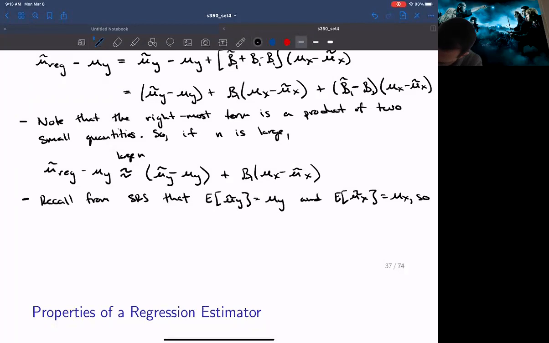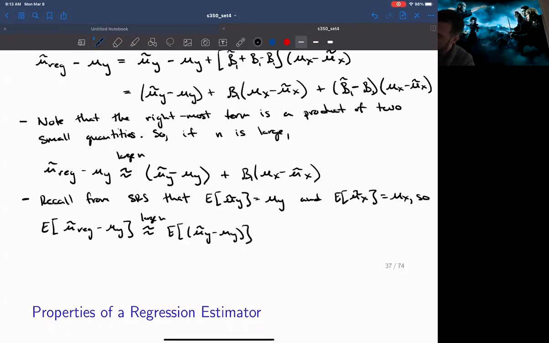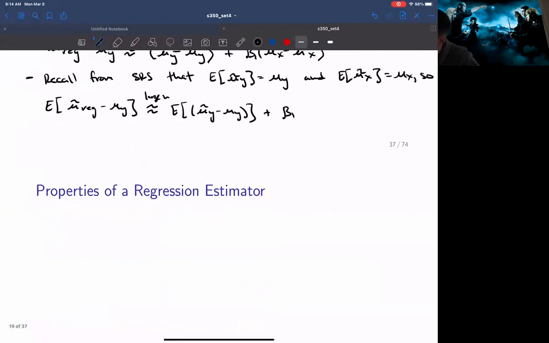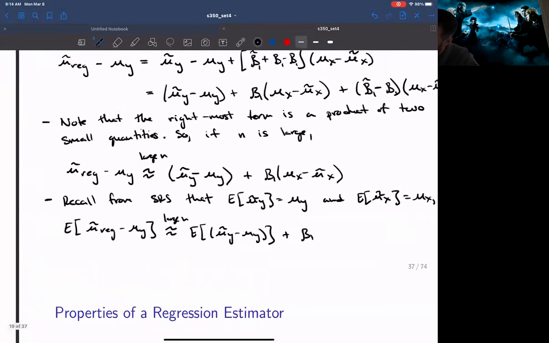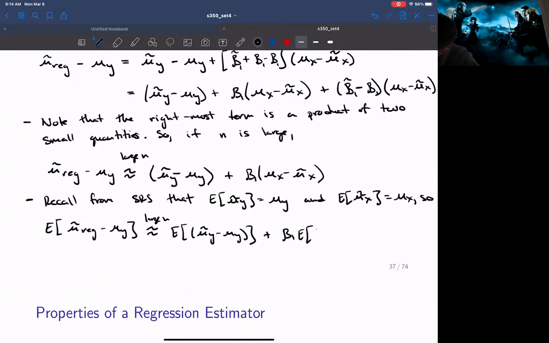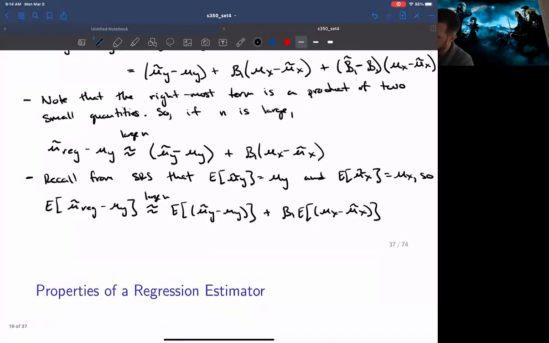So the expected value of mu tilde reg minus mu y is approximately equal to the expected value of mu tilde y minus mu y plus beta 1 times the expected value of mu x minus mu tilde x. Okay.